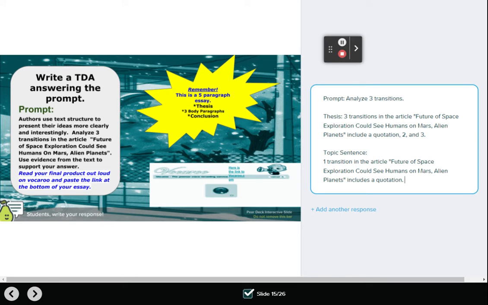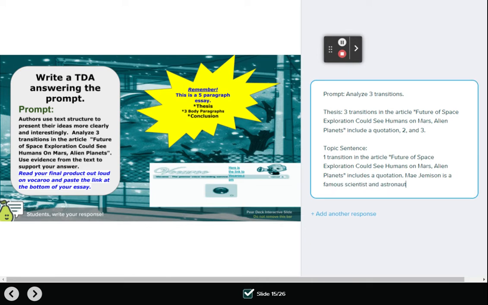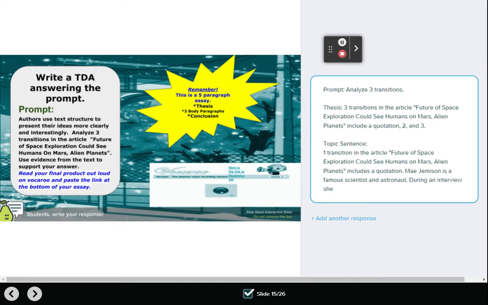All right, so let's give a little bit of context and background. Mae Jemison is a famous scientist and astronaut. During an interview, she is arguing that the public should be more involved in space exploration.